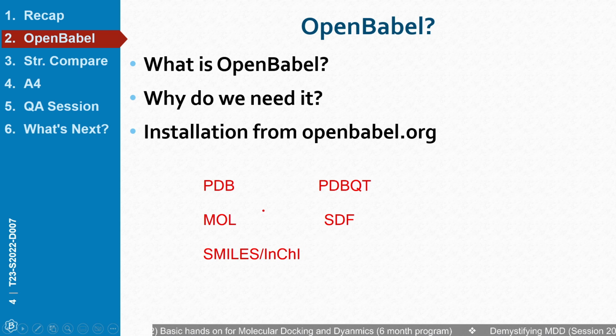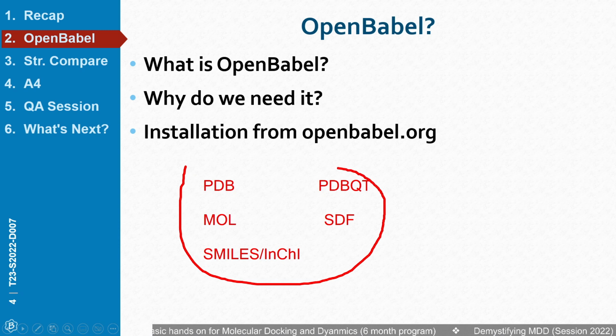So PDB and PDBQT, all these file formats have the same information, like composition of atoms, and if they are further grouping atoms, then they will group it as a residue.